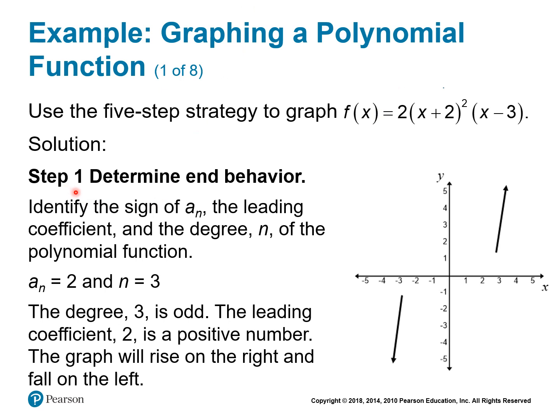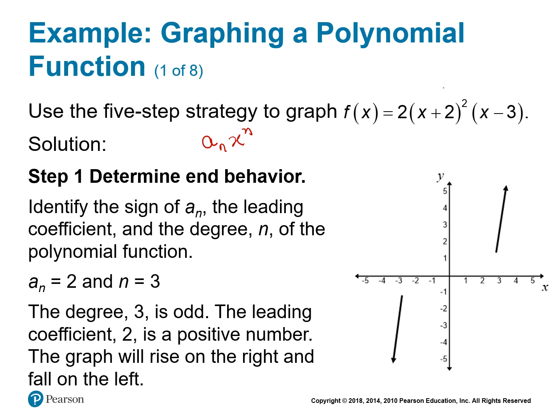So the first step was to determine the end behavior of the graph. That's what we learned first when we started the presentation. To determine the end behavior, we said we have to look at what's called the leading term of the polynomial, and let's say the leading term is in this form: a sub n x to the power n, right?